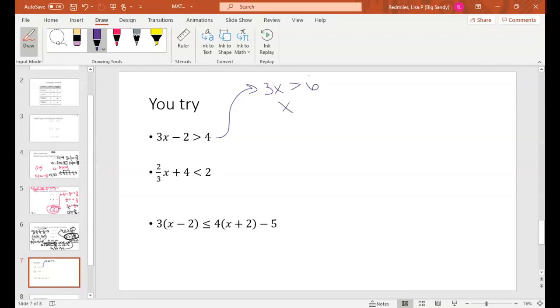What would 2/3 of the decimal be? 0.6 repeating.